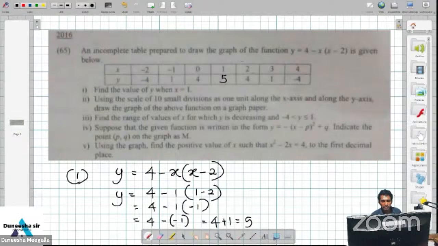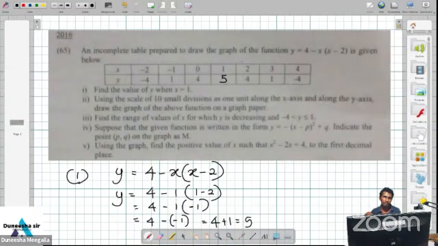Did you get the answer? Yes, sir. Okay. Did you draw the graph?